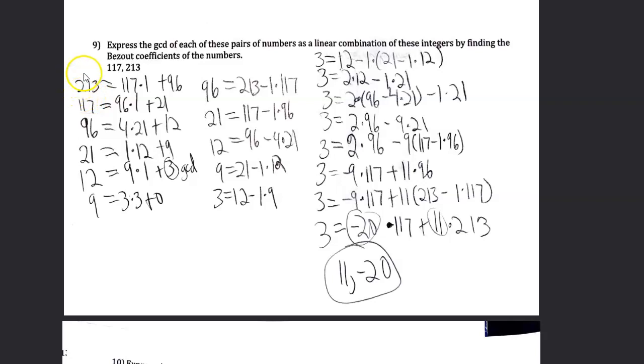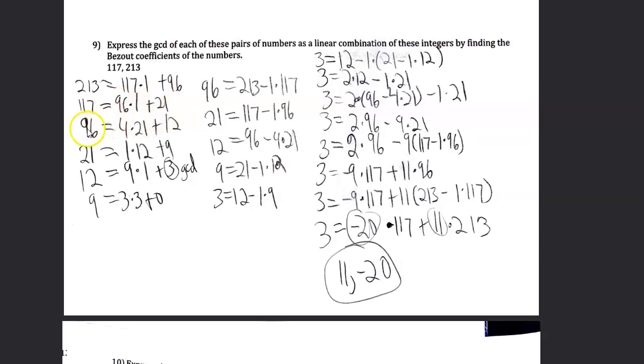First I'm going to run through the Euclidean algorithm to find the linear factors as they get down towards 0. So first it's going to be 213 equals 117 times 1 plus 96. I'm going to take that as my new linear factor, find the coefficient of 1. So 117 equals 96 times 1 plus 21.